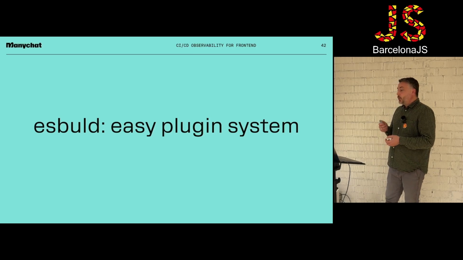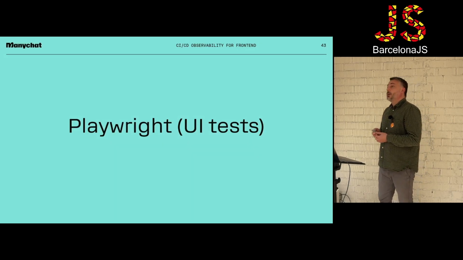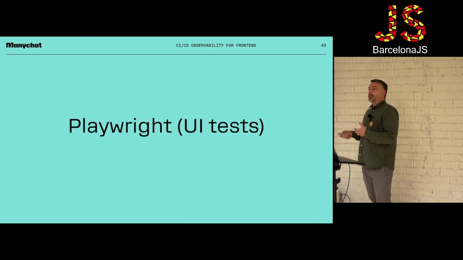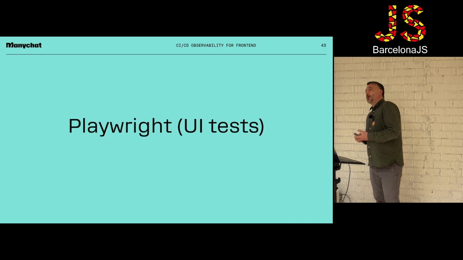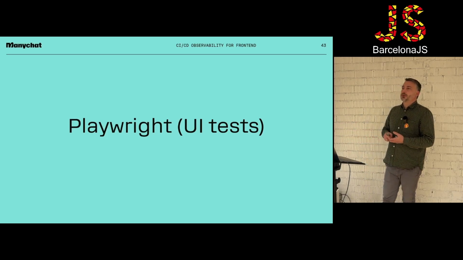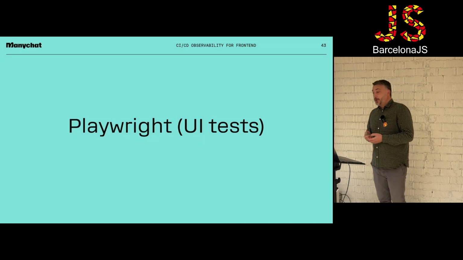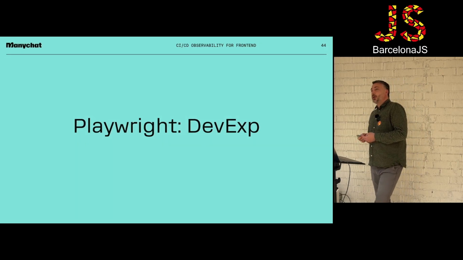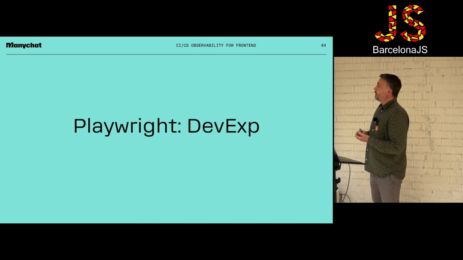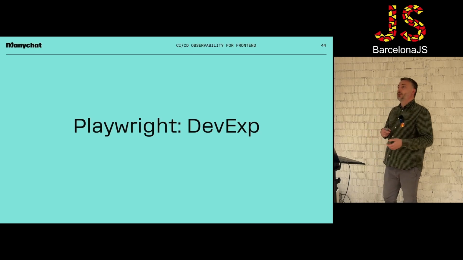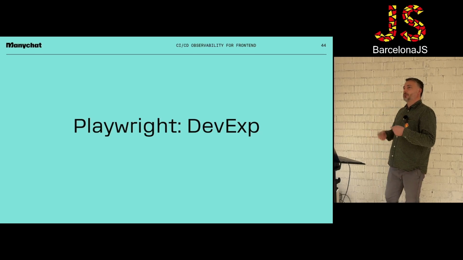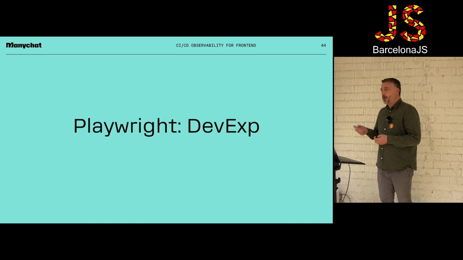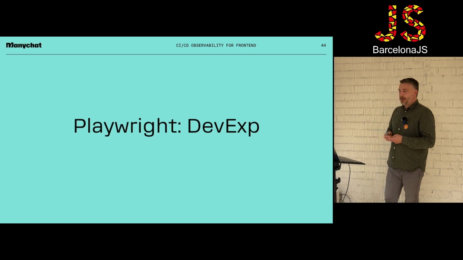And of course, we moved to Playwright. It's a UI testing system from Microsoft. It has really good developer experience. We previously were using Cypress, but it was really hard to take control of your failures in UI tests, and Playwright does it better.